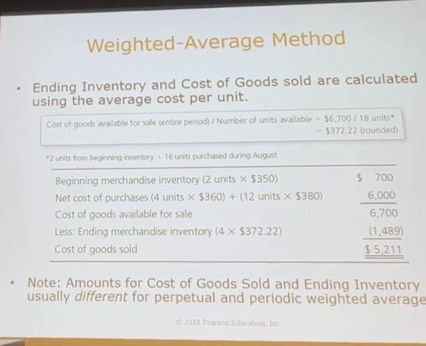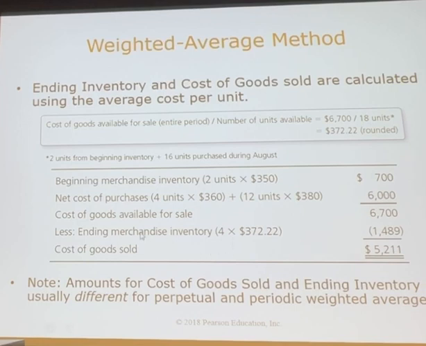So you take the cost of goods available for sale, which is the $6,700 figure, and again, that's the combination of your beginning inventory and your purchases. And then you divide that by the number of units available for sale, which is the number of units in your beginning inventory plus the number of units that you purchased. So in this example, you get a weighted average cost of $372.22.